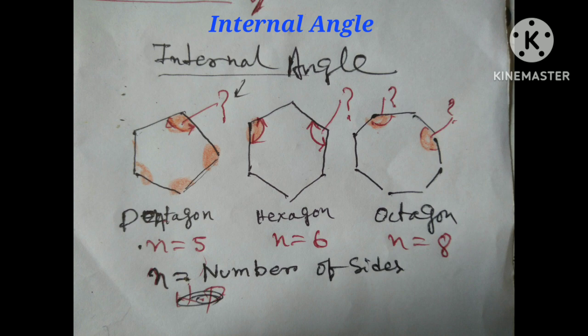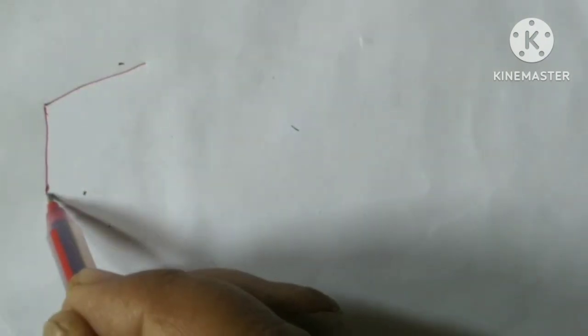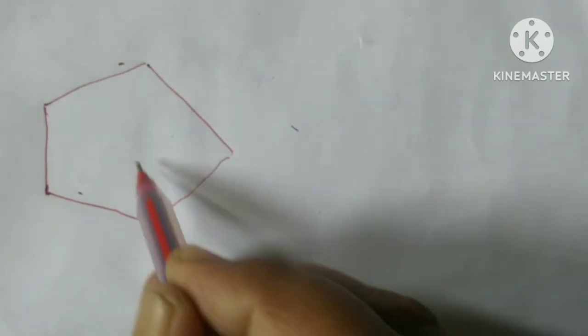To draw any polygon, we need to know the internal angle. Here is the pentagon, hexagon or octagon, where n is the number of sides. For the pentagon the number of sides is 5, for the hexagon n is 6, and for the octagon n is 8. Now we need to calculate the internal angle for any type of polygon.